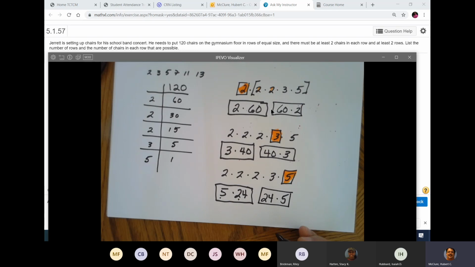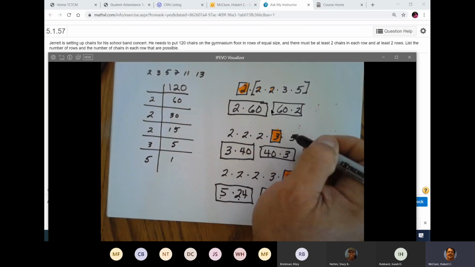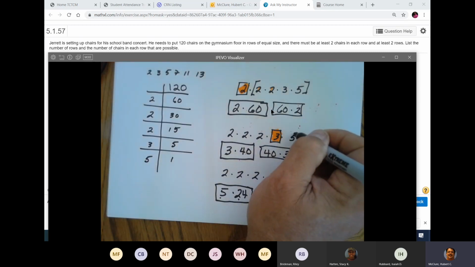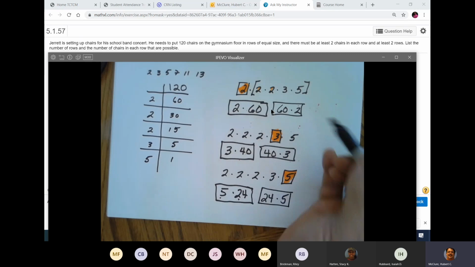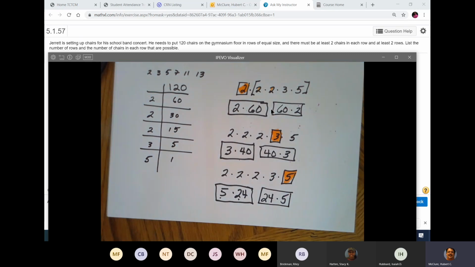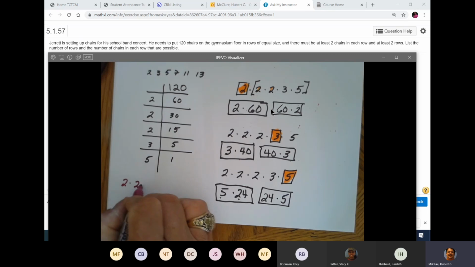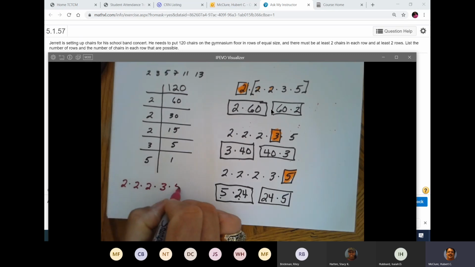Now there's one other number we haven't seen. Well, technically there's 2 other numbers. Let's see. There's 10, okay, 10, 5 times 2. So I'm going to go to the next page. I'm going to go down here, and I'm going to write 2 times 2 times 2 times 3 times 5.